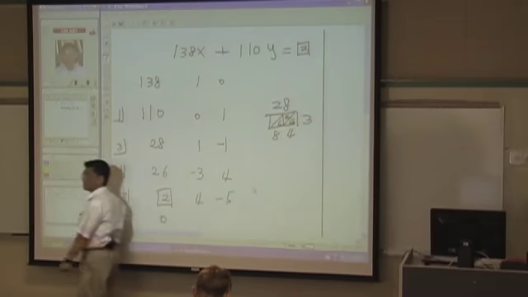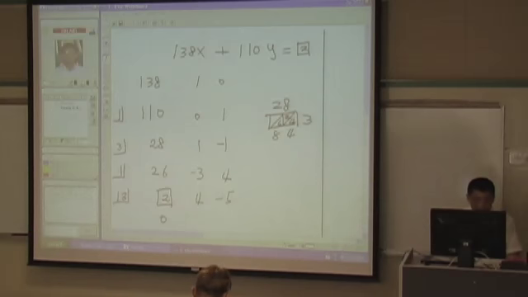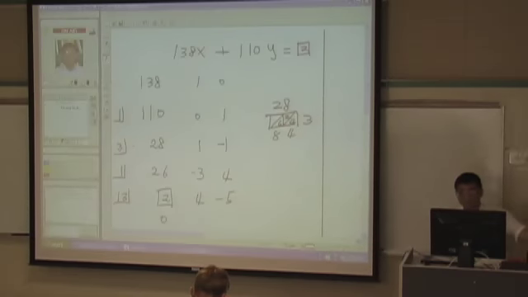If you don't believe, calculate the result. I can do hand calculation, but to show this clearly, I will use MATLAB.